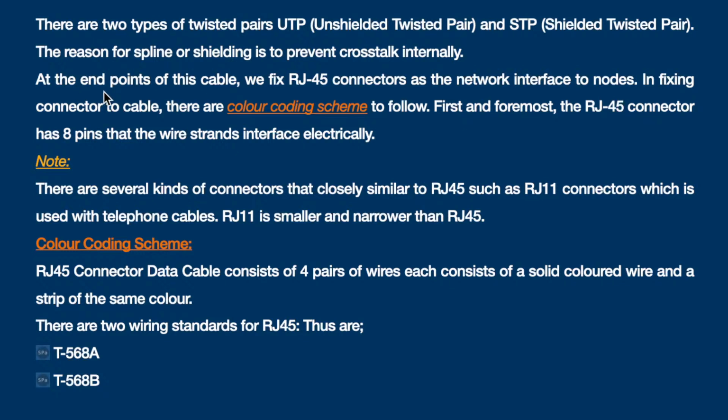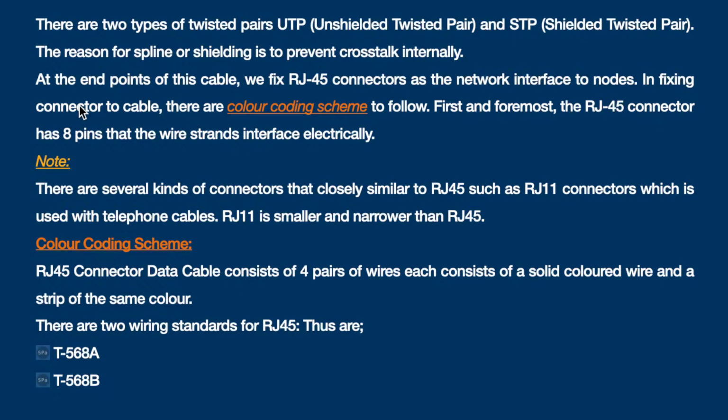At the end point of each cable, we fix the RJ45. Now, in fixing the connector, you can't just connect the wire to the RJ45 and say you have connected a network wire. No, you have to follow rules.